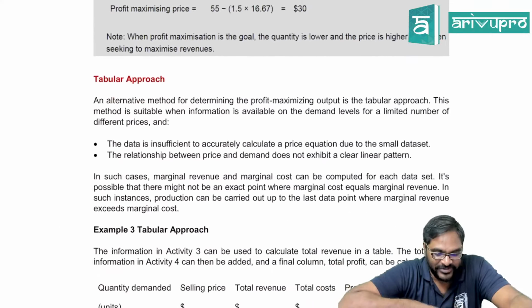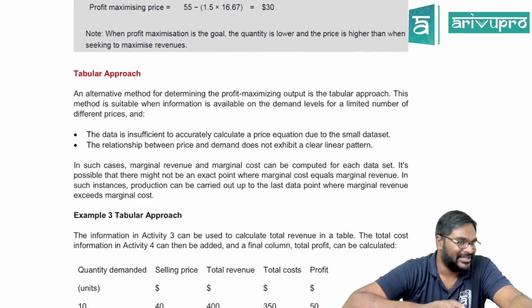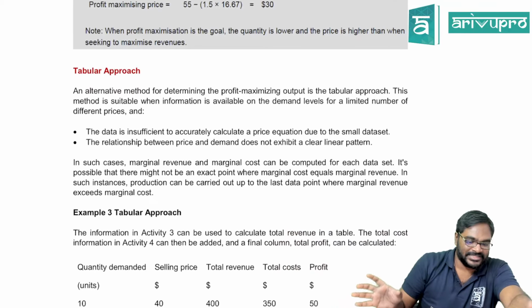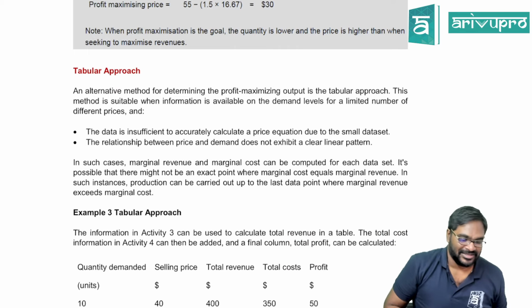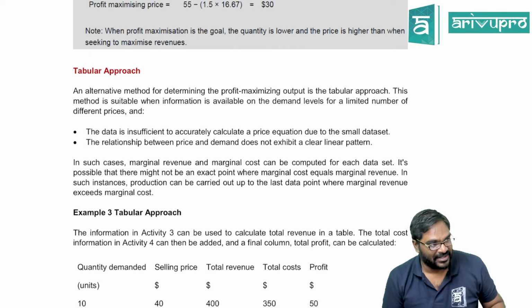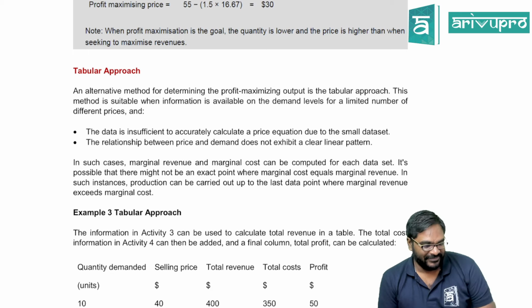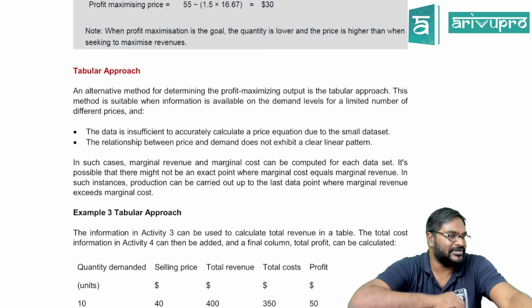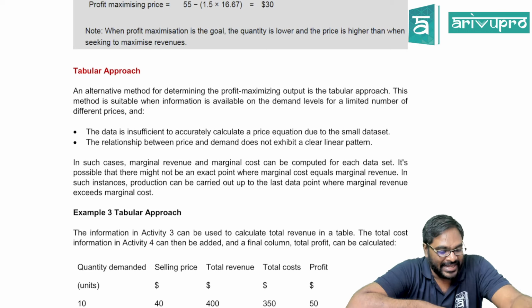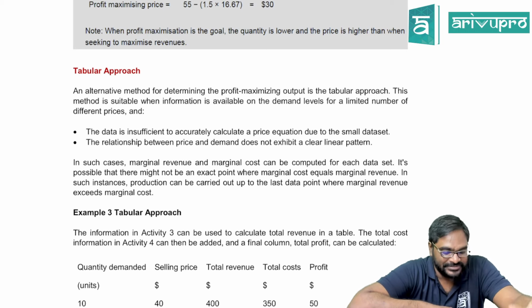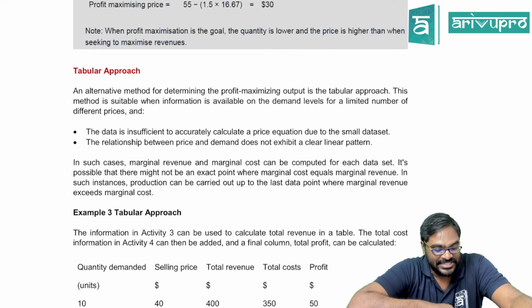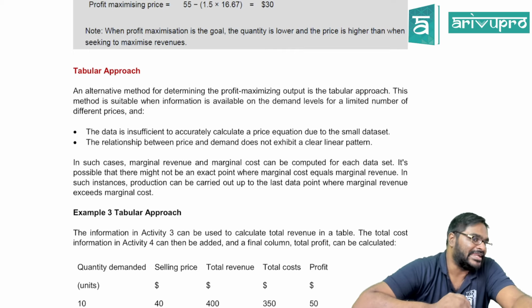So now we are moving on to a tabular approach. This is an alternative method to the one that we have previously discussed. The only reason we would use the tabular approach is either we don't have sufficient information or the relationship between the prices is not linear.